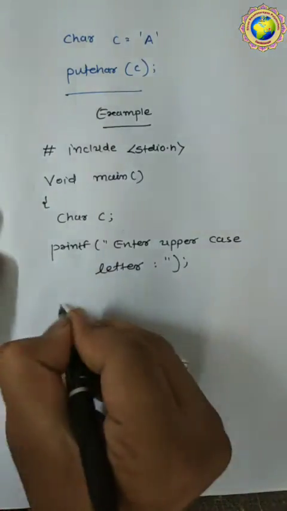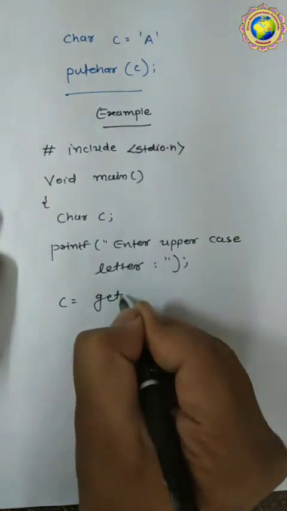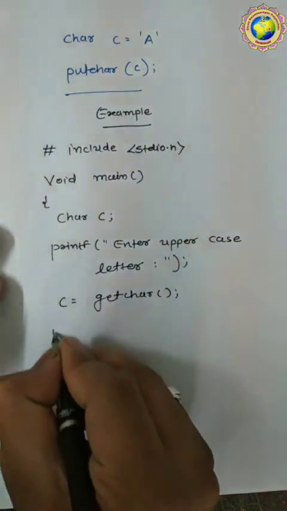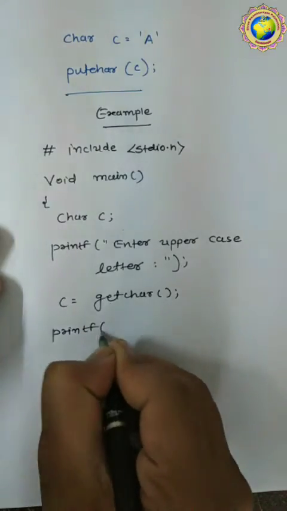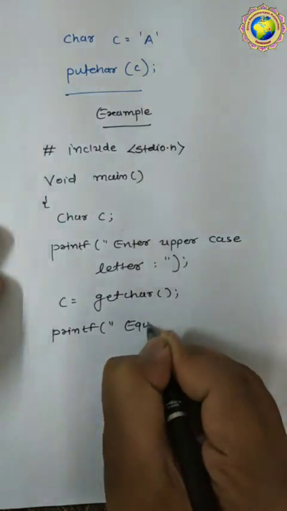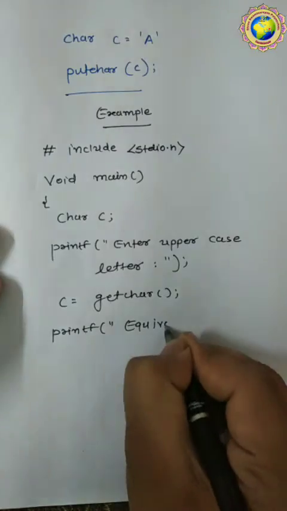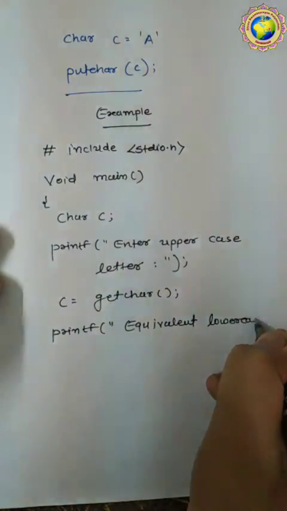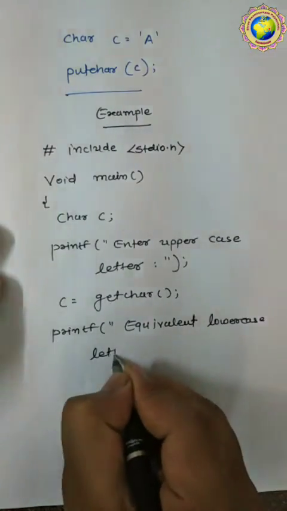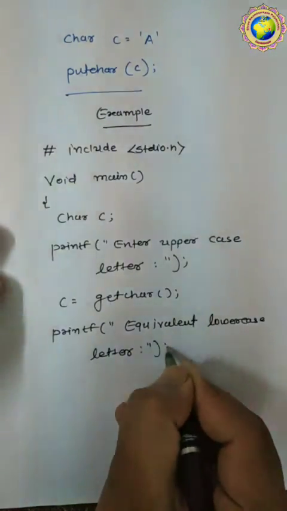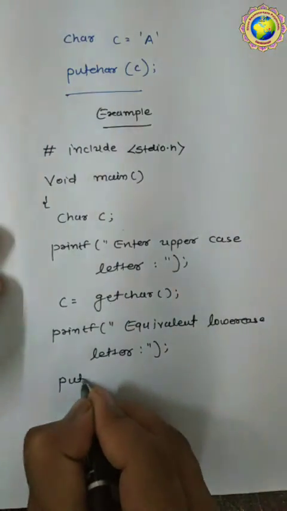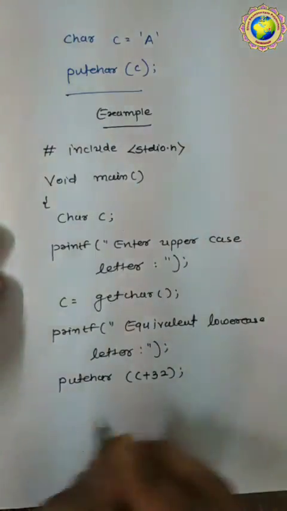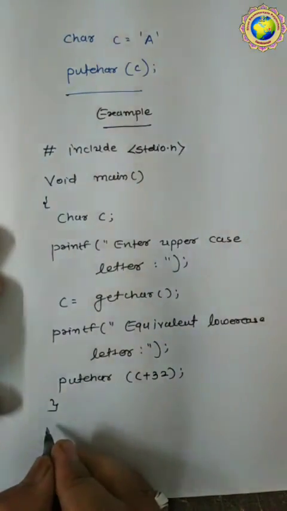So c is equal to getchar. Now printf "Equivalent lowercase letter", putchar c plus 32. So what is the output?